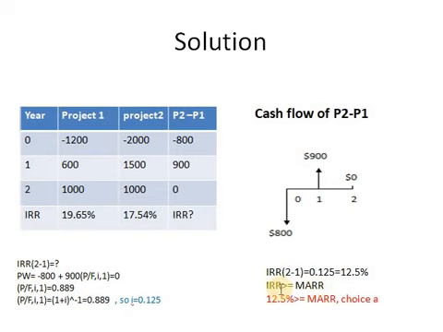And I already calculated the IRR of the 2 minus 1. You just put the IRR in this rule, so you will say 12.5% is greater than or equal to the MAR. So this is the range of the MAR that will make option 2 or project 2 preferred over 1. So I'm gonna choose option A. So this was the end of the exercises related to incremental analysis and IRR methods.